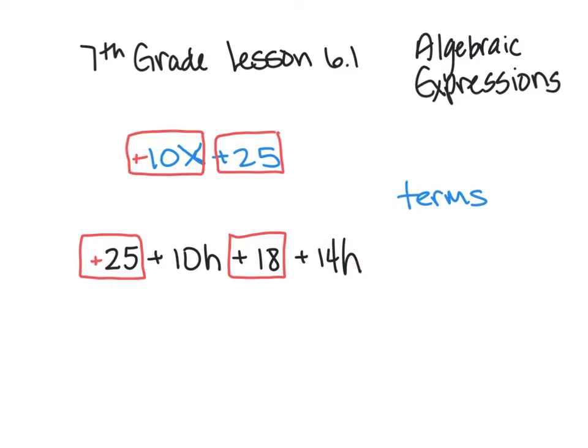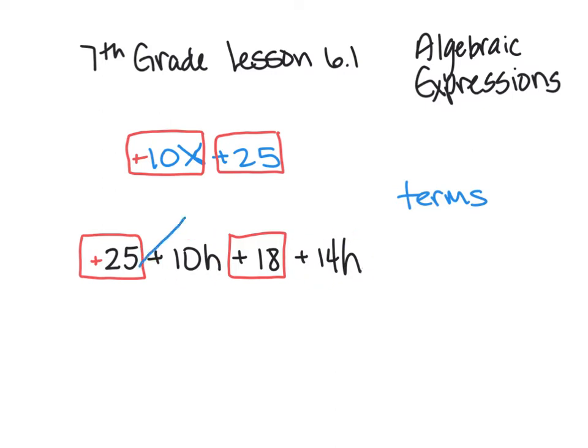So those are considered like terms. This is 10 times h. Its coefficient is 10. I can't add this to the constant because this one is being multiplied by h, so it's some different number. So it's not a like term with that. But these two are like terms with one another.